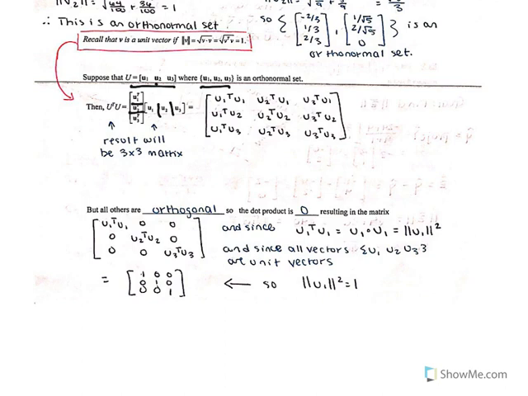Now, the fact that this is an orthonormal set means that some of this will go away. Remember, the dot product U1 dotted with U2, in our definition from last class, 6.1, is really U1 transpose times U2.